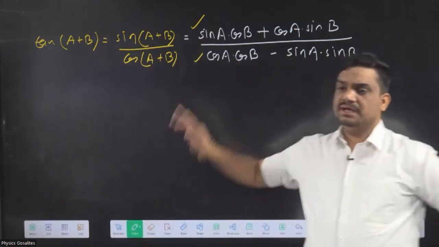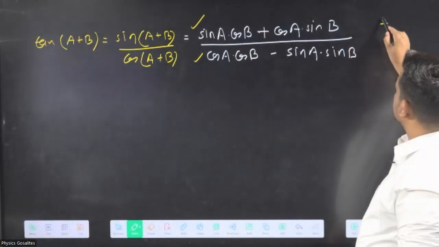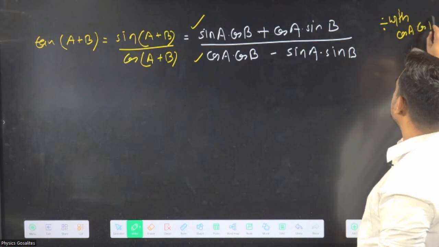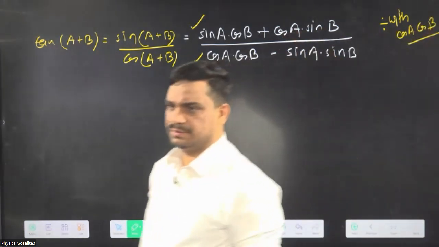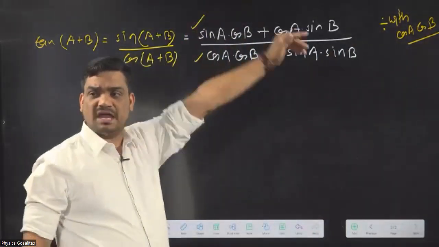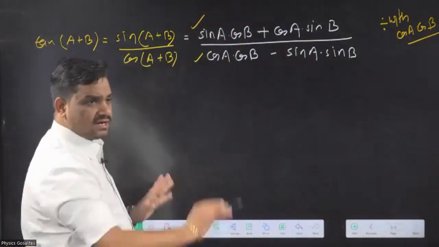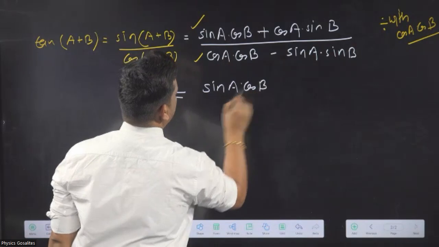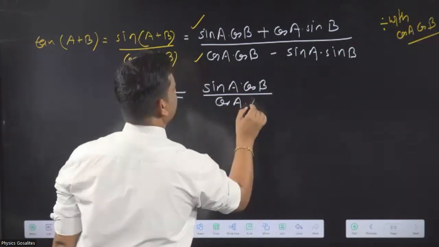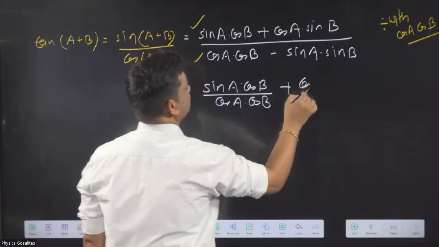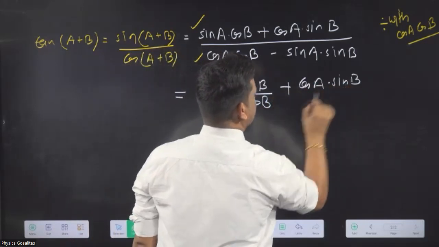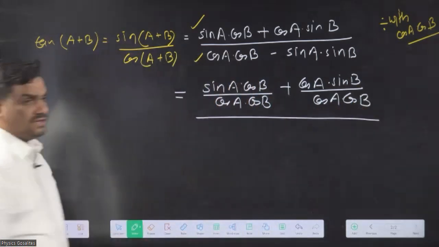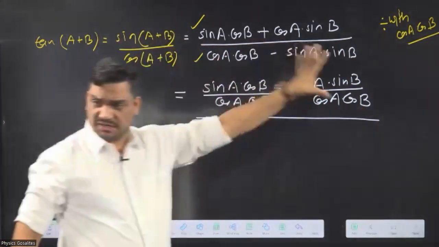We can write here in this pen what I am going to divide with. I'm dividing with cos A cos B in the upper as well as the lower, the numerator and denominator both. So we can write, upside, sin A cos B divided by cos A into cos B, plus cos A sin B divided by cos A into cos B. This was the upside, we have done this division.